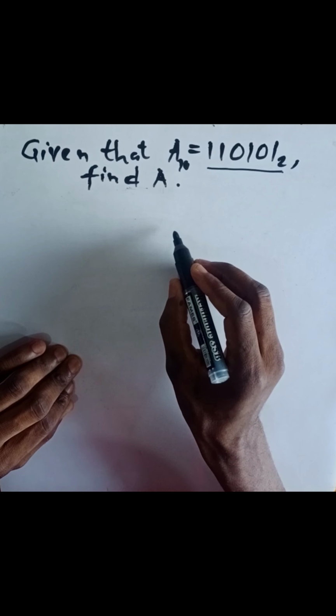Similarly, in other bases, if this is a unit number in your binary system, and this one is the next place, let me write it out: 110101 in base 2. It means that this will be two times worth of this value, while this one too will be 2 times worth of this, and this one will be 2 times worth of this, and so on. Are you getting it?